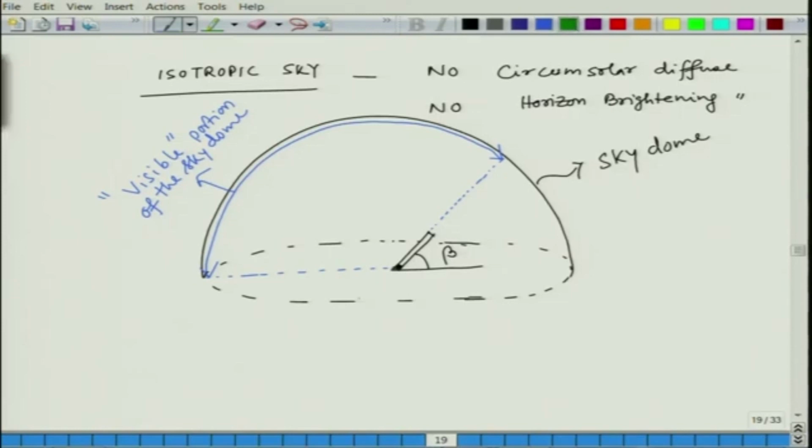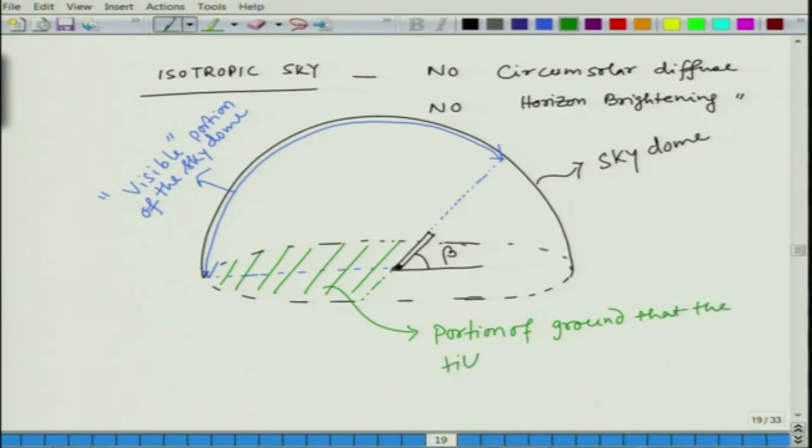So, let us say this is the portion of ground that the tilted plane can see. Again, see means from where the radiations can directly reach the surface of the collector. Okay. And this beta is the tilt angle.